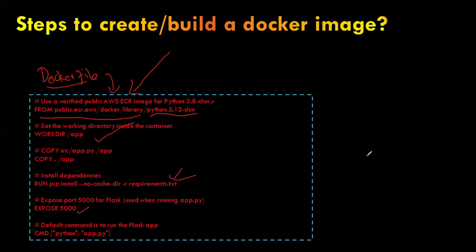Unless you expose it, the Flask app cannot be accessed by a web browser or other API calls. So it is mandatory. But yes, you can specify whatever port number you want. This is the default one.